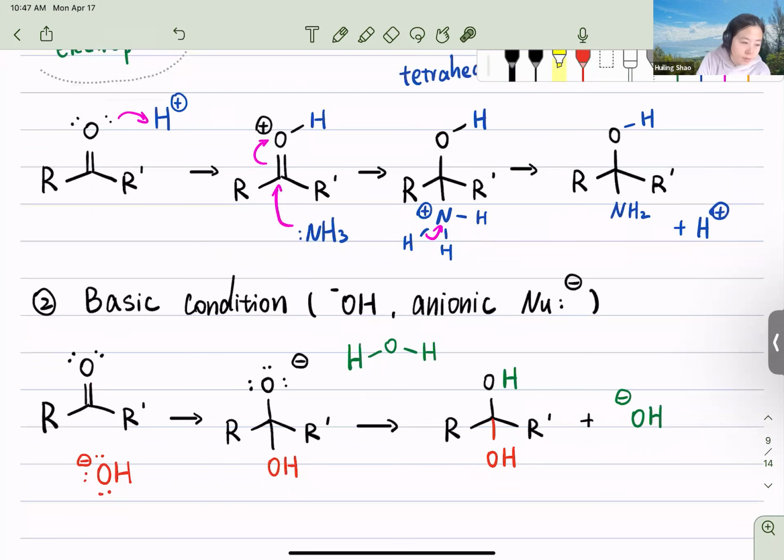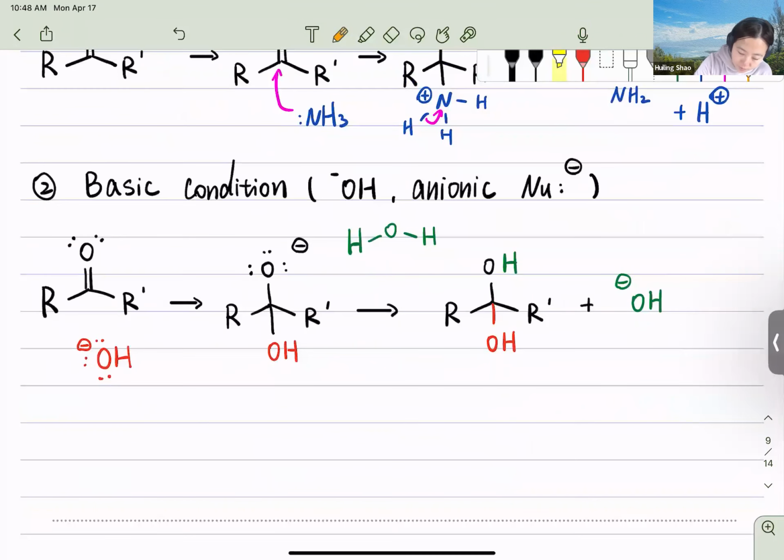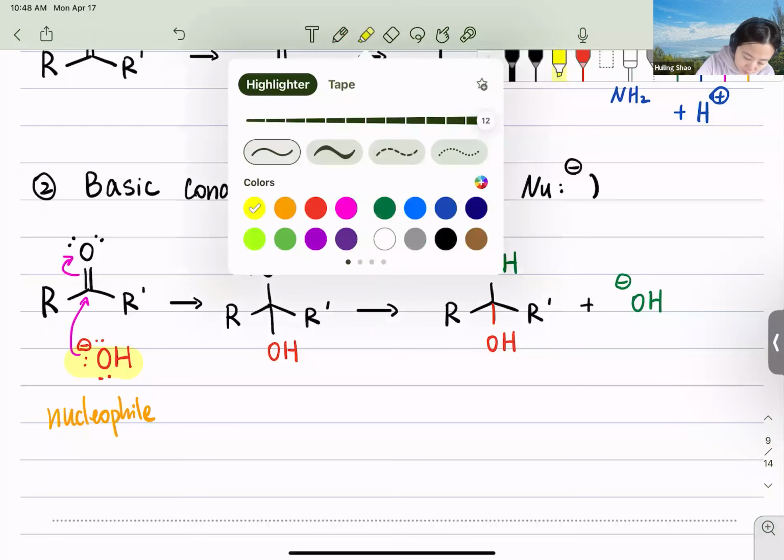We can also have the reaction undergo basic conditions. So in a basic condition, we have, say, OH minus acting as a nucleophile. The OH minus attacks the electrophilic carbonyl carbon, and the electron goes onto the oxygen.